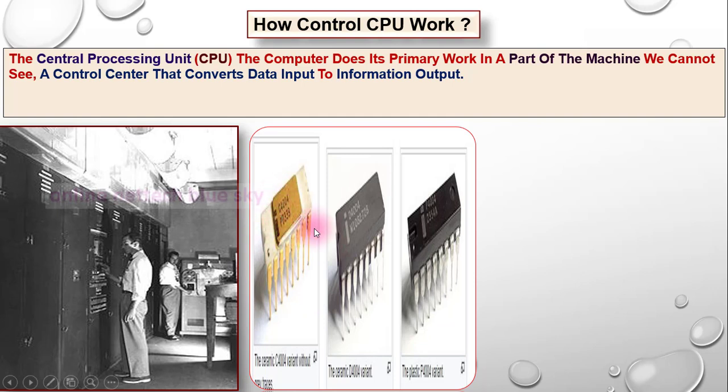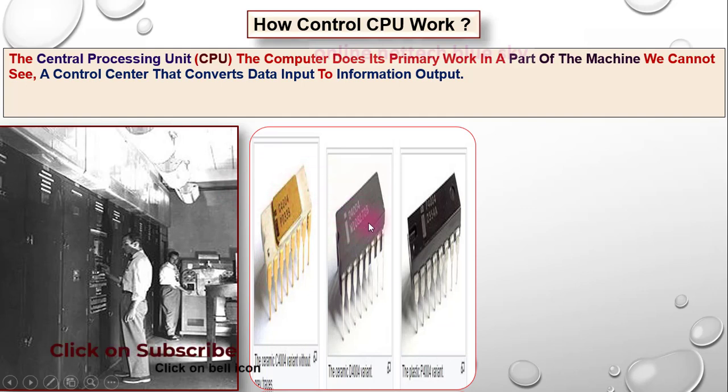This is the C4004 model, small and thin, using very little power. It does not use vacuum tubes or a lot of cables, but a transistor chip inside. You can see this gold chip.